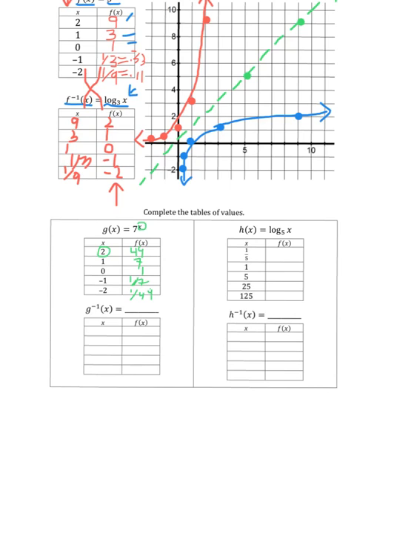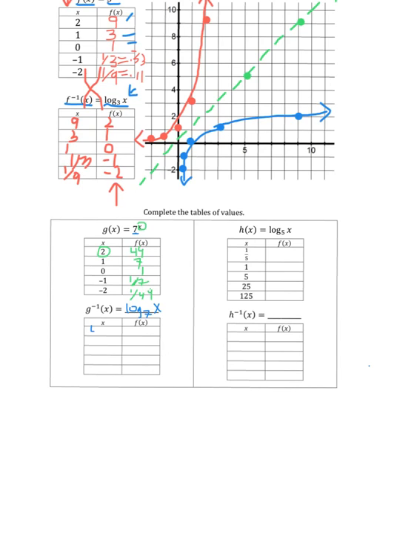For the inverse of g of x, it's going to be log base 7 of x. And we're going to switch the inputs and the outputs.